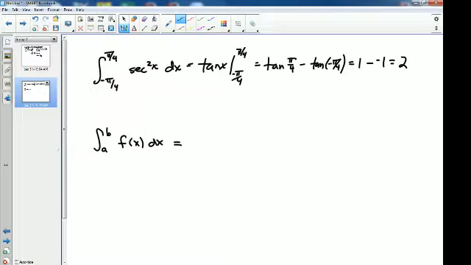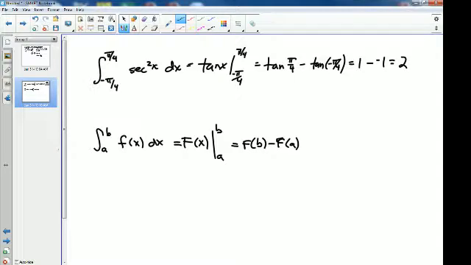I'm going to add something your book doesn't have in it. There is something missing here, right?